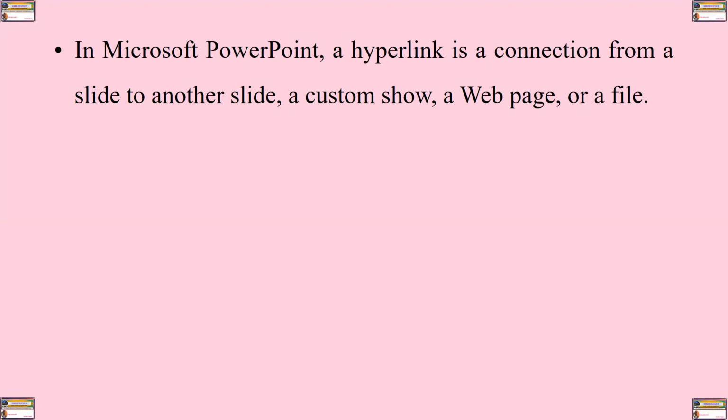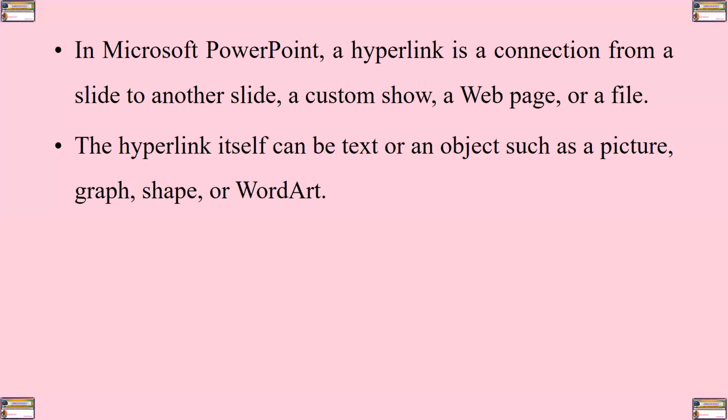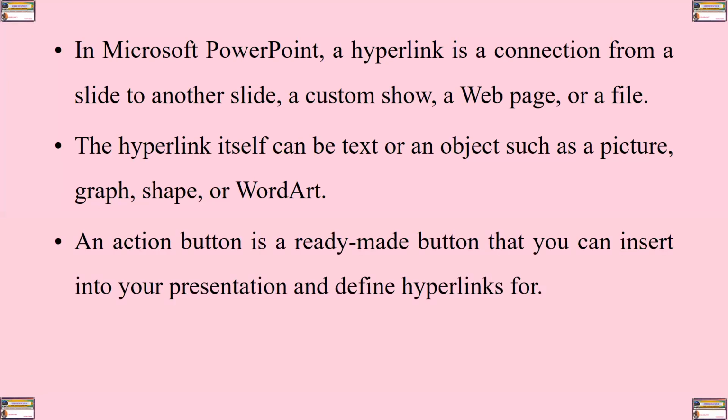In Microsoft PowerPoint, a hyperlink is a connection from a slide to another slide, a custom show, a web page, or a file. The hyperlink itself can be text or an object such as a picture, a graph, a shape, or WordArt.